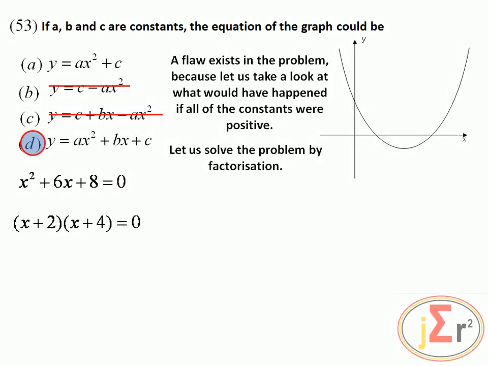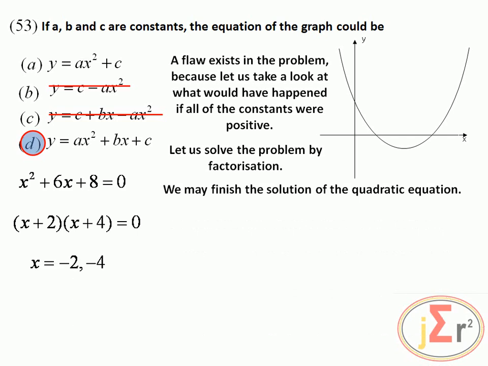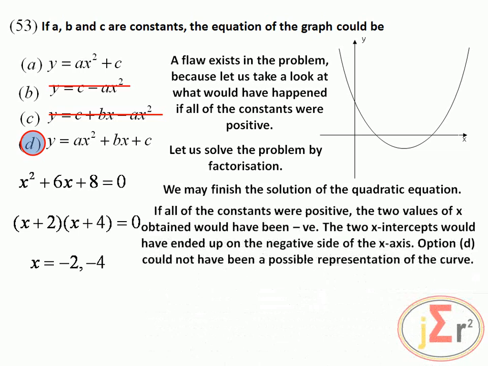The factors are x plus 2 and x plus 4, and the answers will turn out to be, when we finish up the solution of that quadratic equation, x is equal to negative 2 and x is equal to negative 4. If all of the constants were positive, the two values of x obtained would have been negative. The two x-intercepts would have ended up on the negative side of the x-axis.